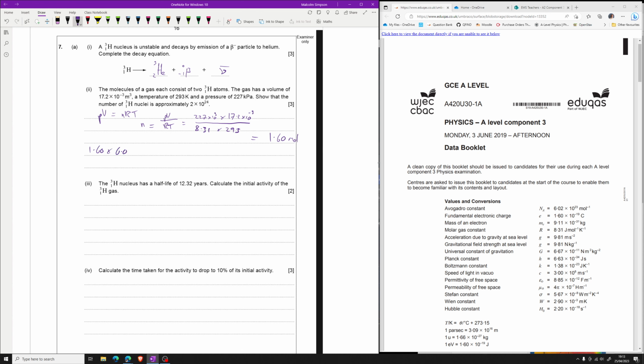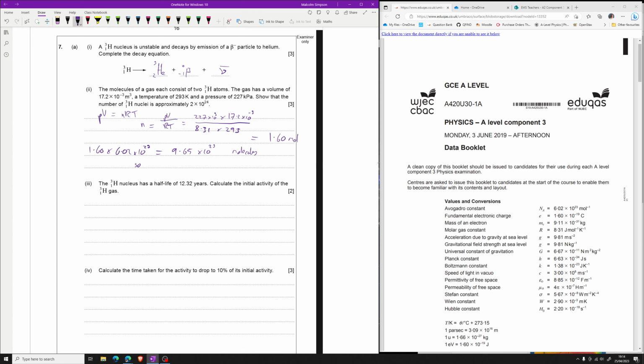1.60 times 6.02 times 10 to the 23, Avogadro's number, is equal to 9.65 times 10 to the 23. Interesting. Ah, right. So that is how many molecules. Okay, that's the number of molecules, sorry.